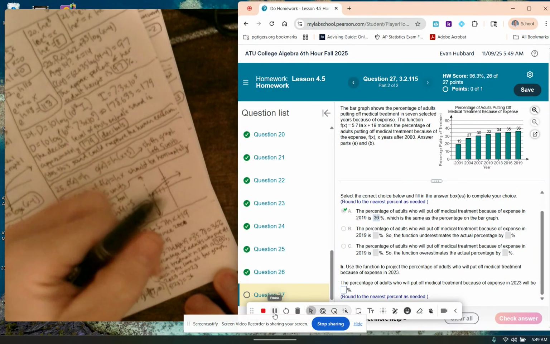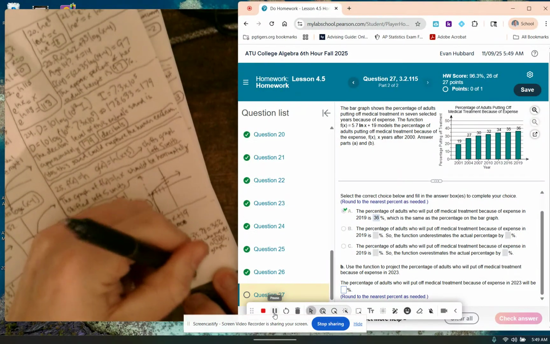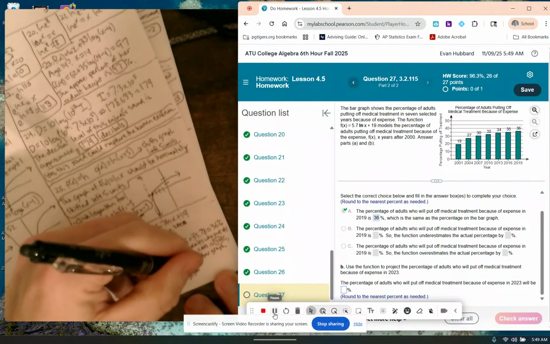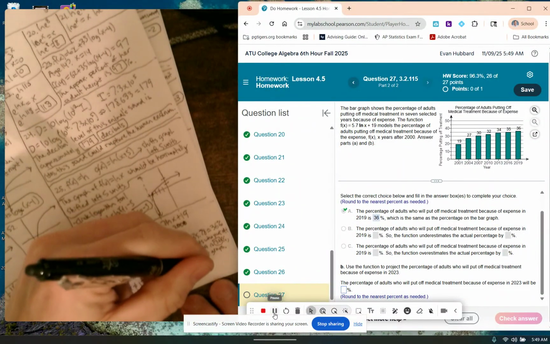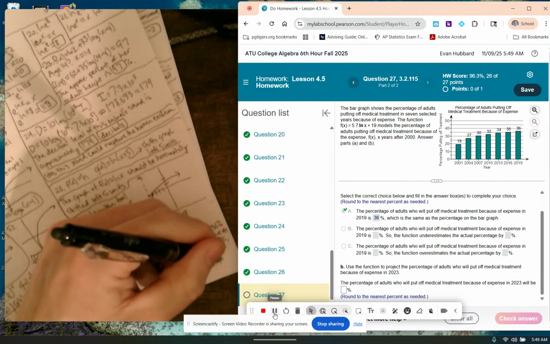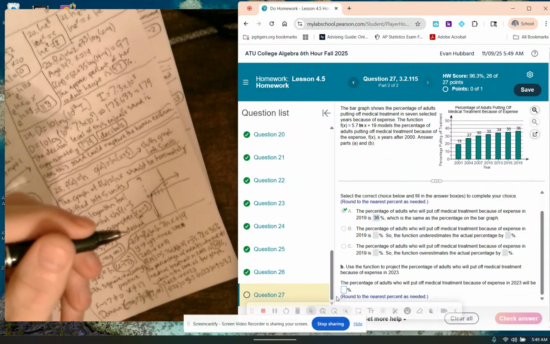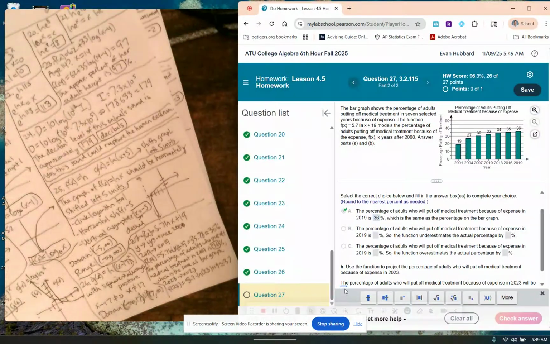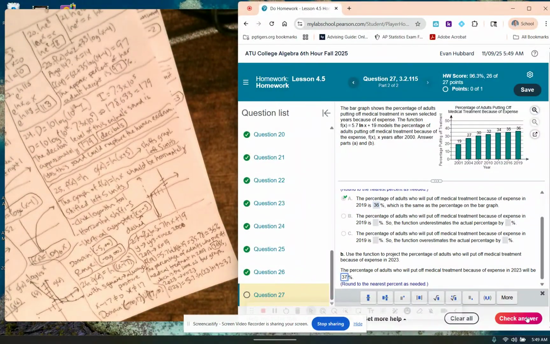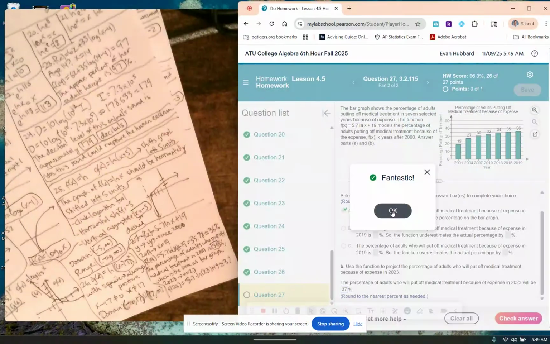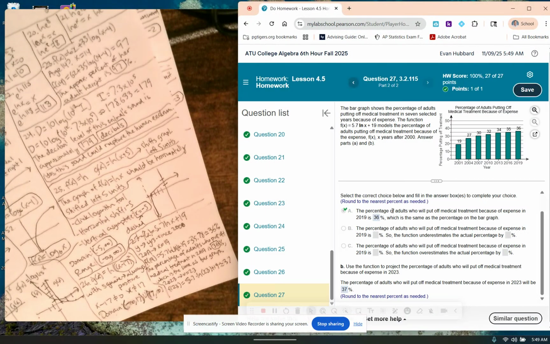Let me write the expression here with 23 plugged in: 5.7 times ln of 23 plus 19. It's around 37%. So the percentage of adults who put off treatment in 2023 is 37%.